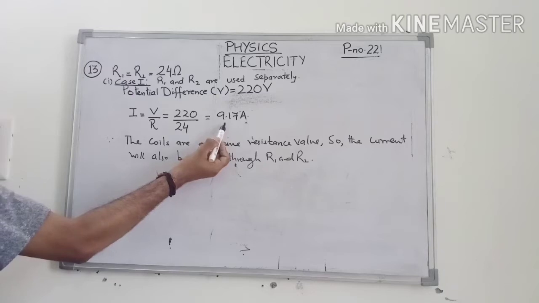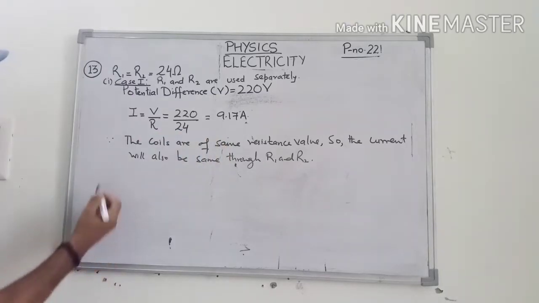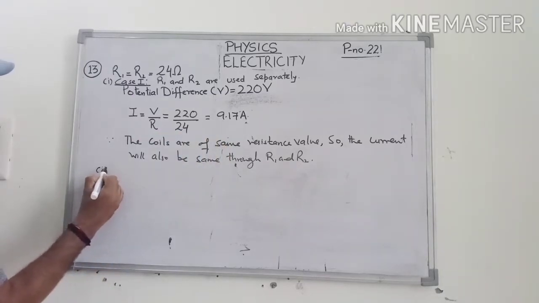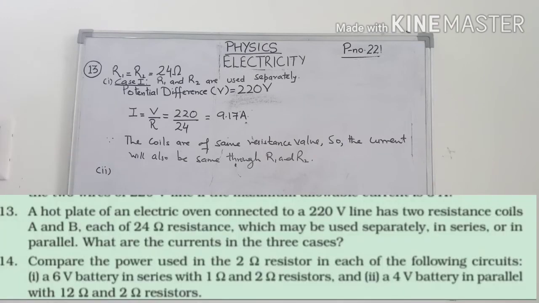Okay, that means 9.17 amperes. Clear? Now second part is when the two coils, they are connected in series.